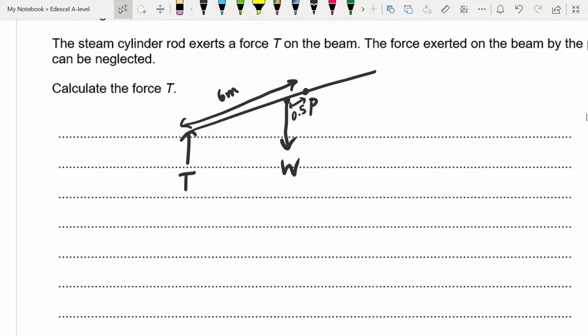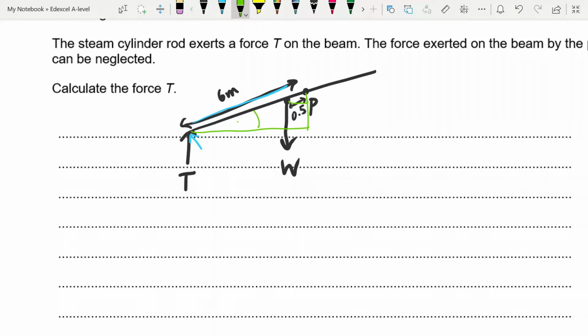So what we have to do is either find the component of the force that is perpendicular to that distance, or, which is probably easier in this situation, find the component of that 6 meters and that 0.5 meters that is perpendicular to the pivot.